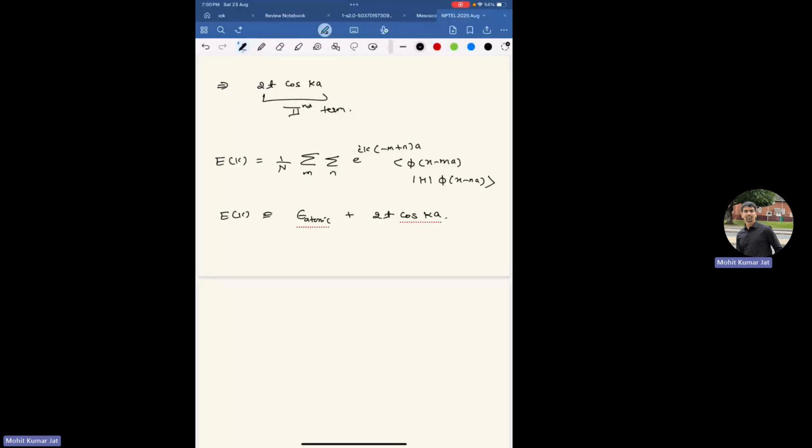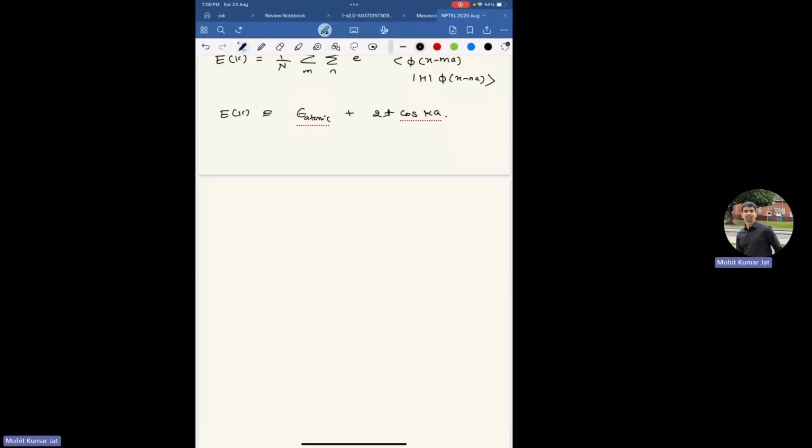If you plot the dispersion, for t positive and t negative, you will see how the gaps open up.